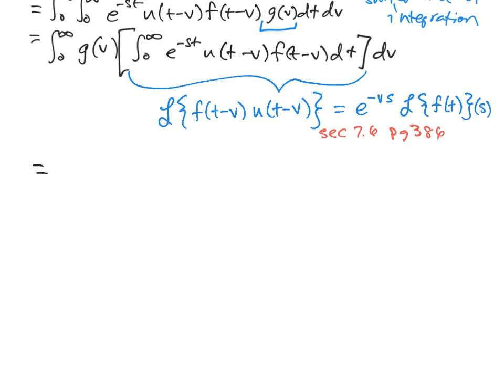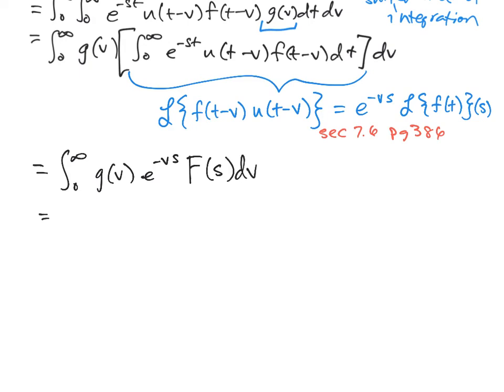And so we can keep our equality going. So this is going to equal the integral from 0 to infinity g of v times e to the negative vs times that Laplace transform of f, which is just big F of s, dv.